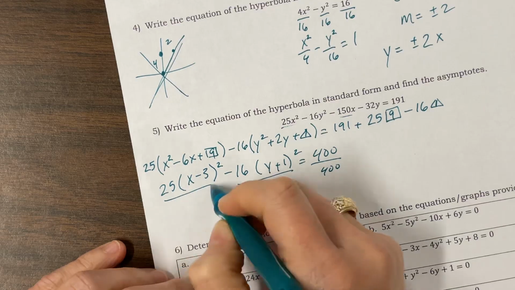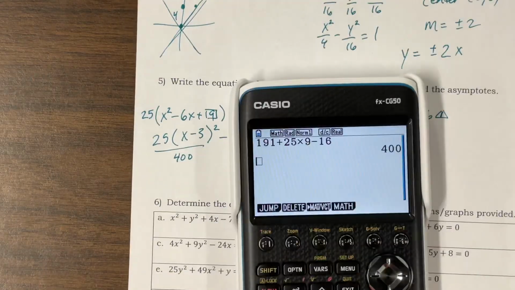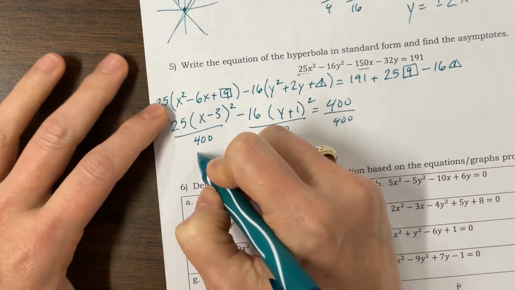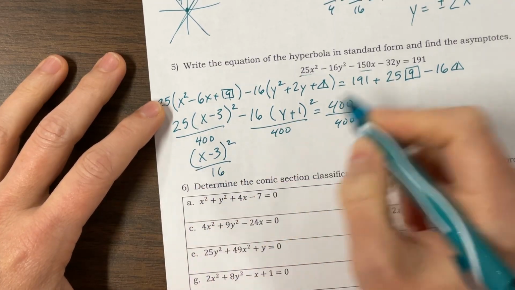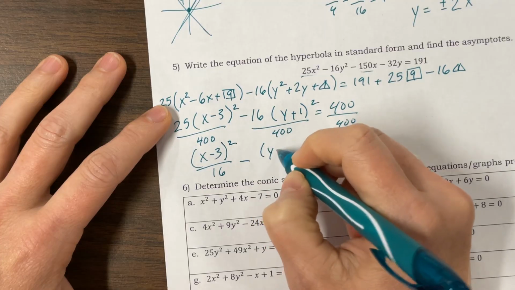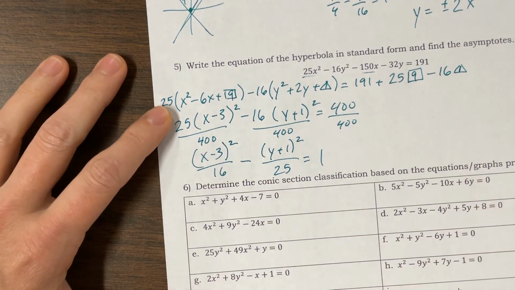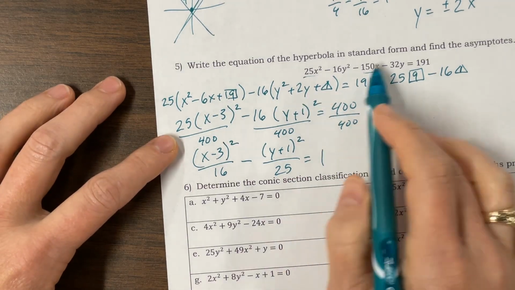It would be really convenient if 16 times 25 was 400. 400 divided by 16 is 25. Hallelujah. So this becomes x minus 3 squared over 16 minus y plus 1 squared over 25 equals 1.